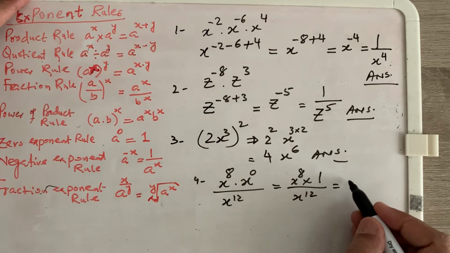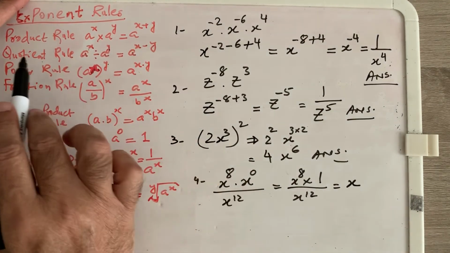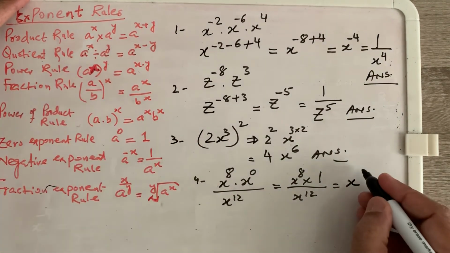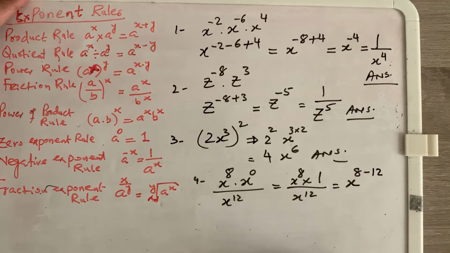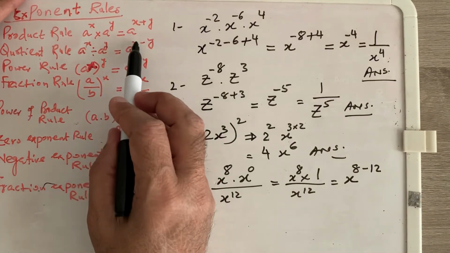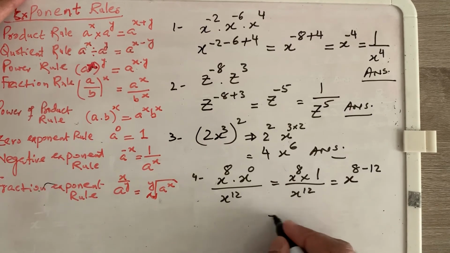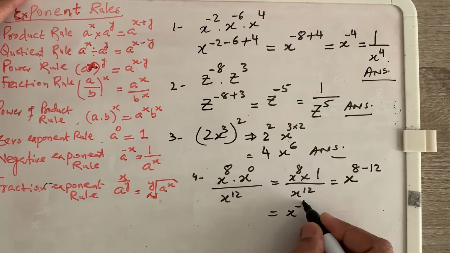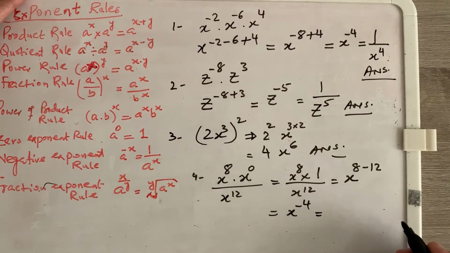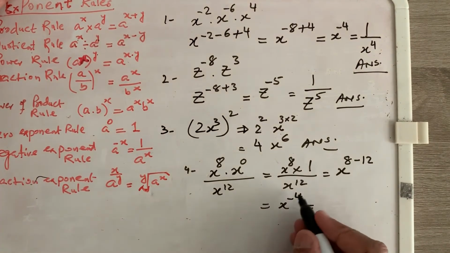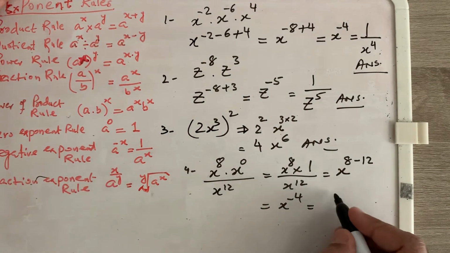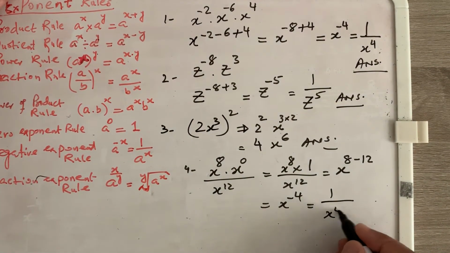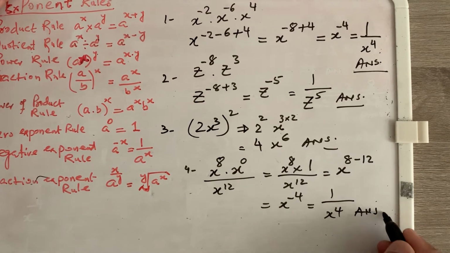And here the quotient rule says that if it is dividing, I have to subtract the denominator power, exactly the same, a to the power x minus y. When I do this, I am left with x to the power minus 4. But it is not recommended to leave a negative power, so I shift it to the denominator by the negative exponent rule. So my answer is 1 over x to the power 4 this time.